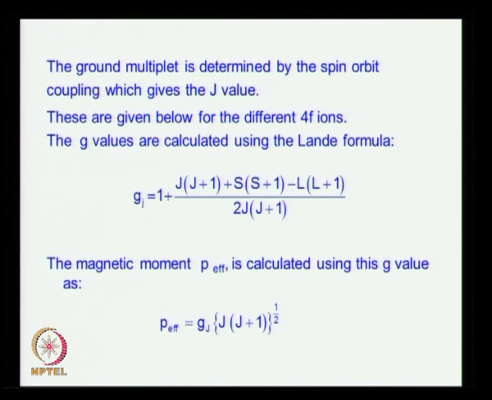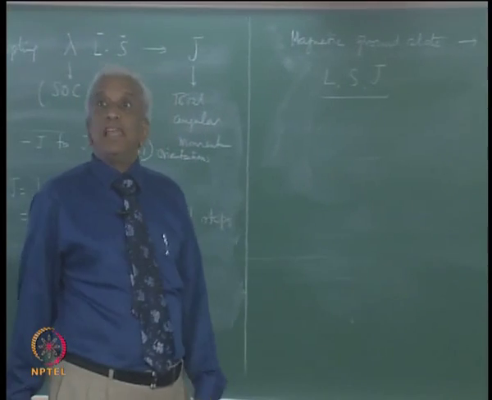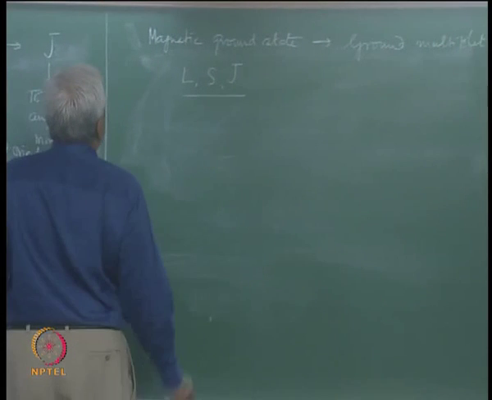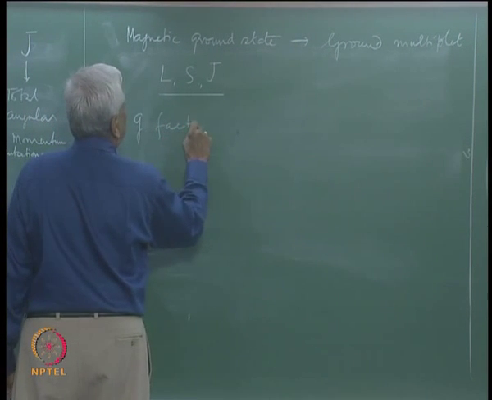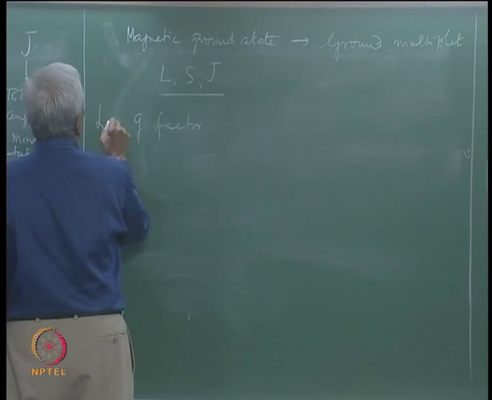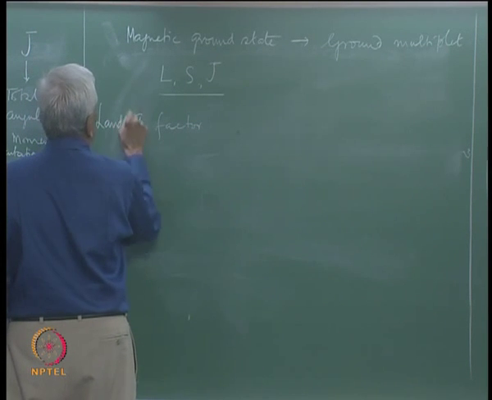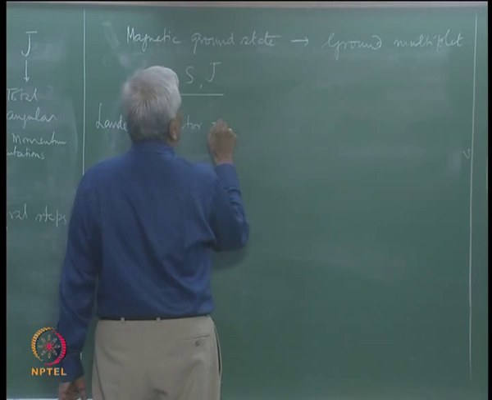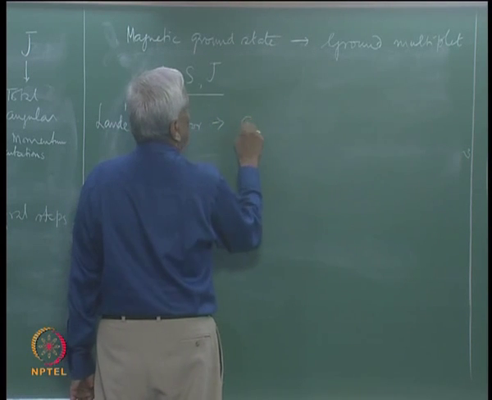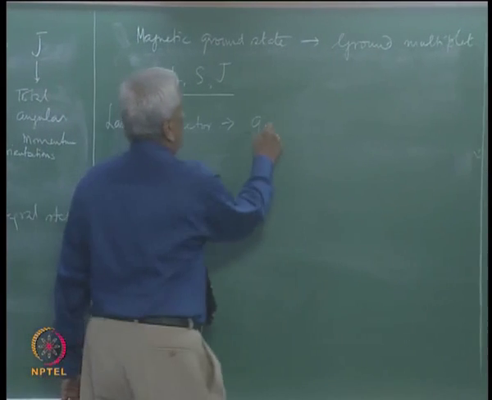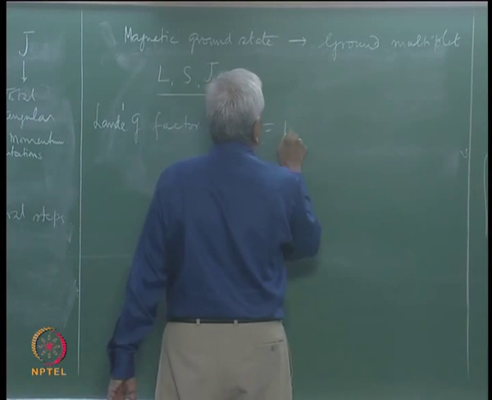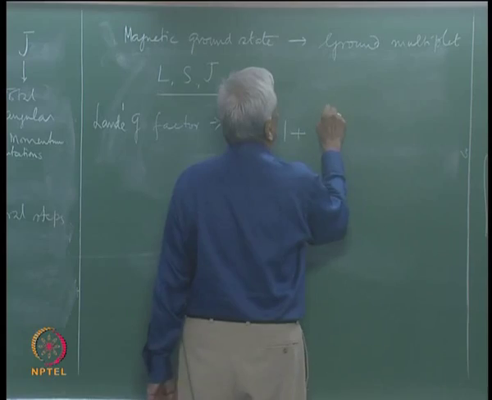A given multiplet is characterized by different values of L, S and J, and then the G factor, which is known as the Landé G factor, corresponding to a given multiplet state with a given J value, is given by the Landé expression.